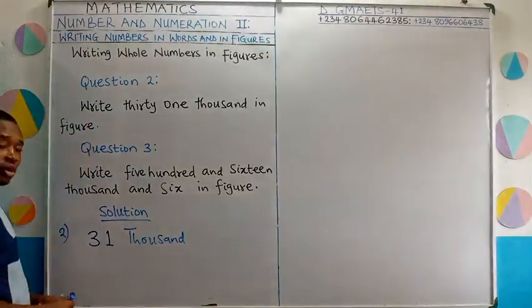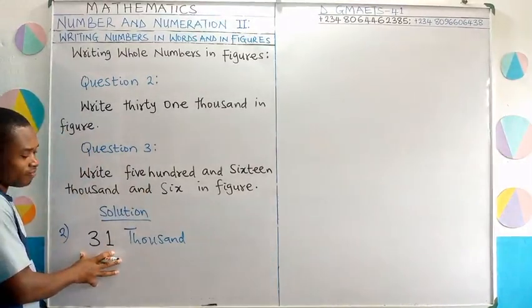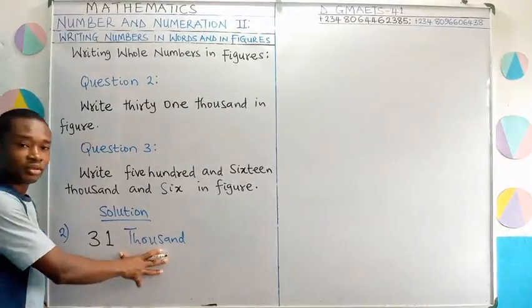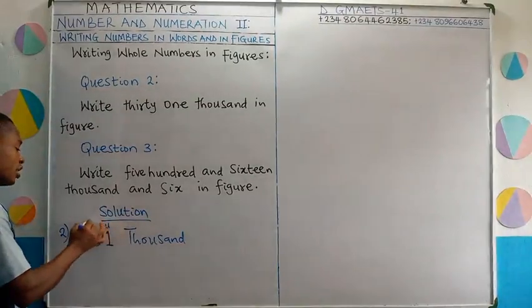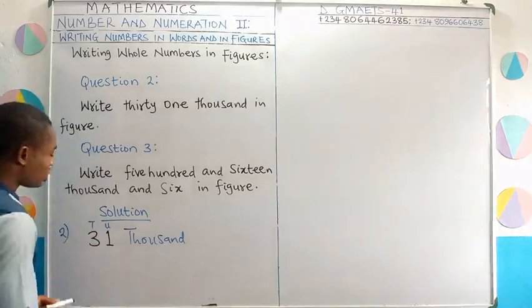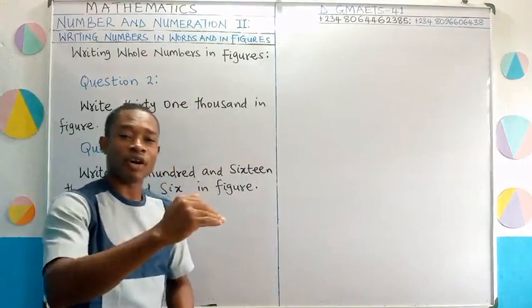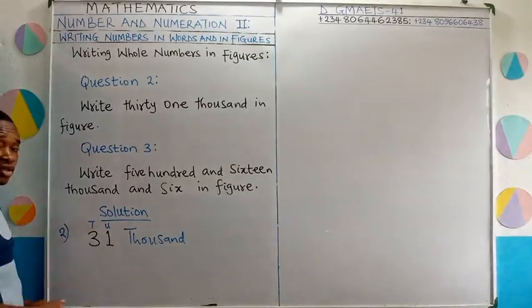There is nothing again, just 31,000. So what do I do? Remember, this is a 2-digit number, and this 2-digit number is operating in the standard place value thousand. So this is simply units, and this one is what? Tens. Which means that this number 31,000 is operating in the level of tens of thousand, because this 3 is under tens, okay?